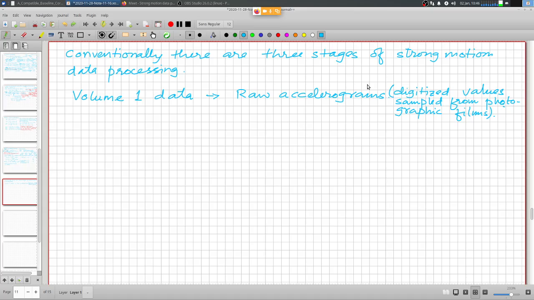There is no correction applied here. The record has just been converted from analog to digital values, because for processing on a digital computer you need numbers; you cannot process the film.